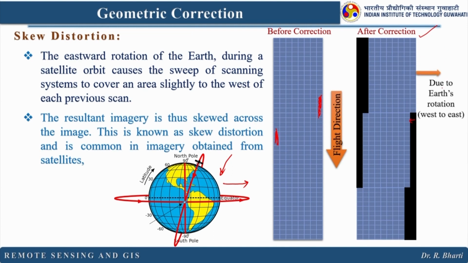This is because of the earth rotation and is usually padded with null values. When you do the correction, there will be some blank pixels, because the image will start from here to here, but the actual measurement is from here to here. So, these blank pixels will be assigned null values.